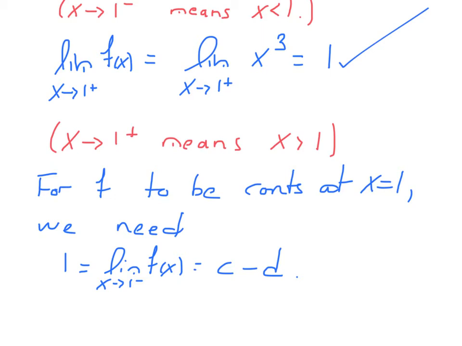Okay, so this is what we need. We need 1 to equal c minus d. All right, so that is, we need c minus d to equal 1.